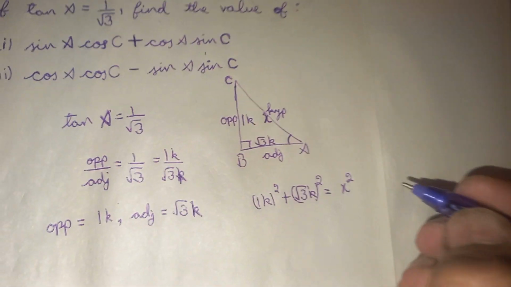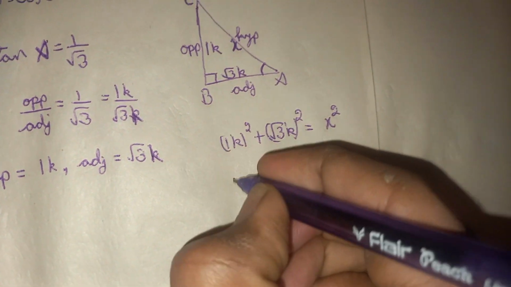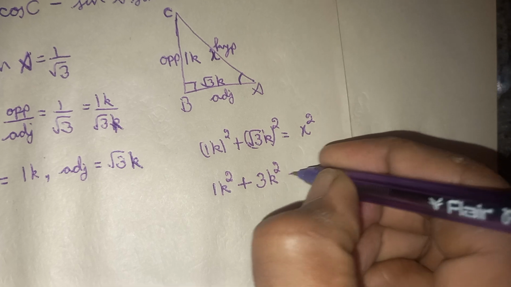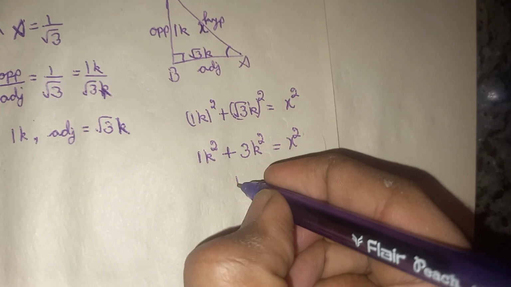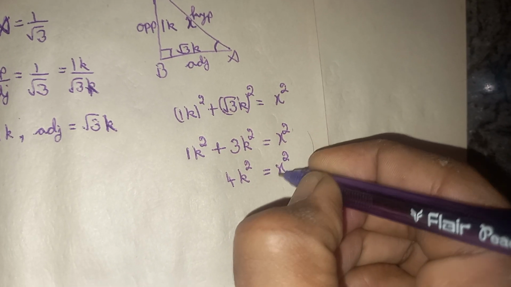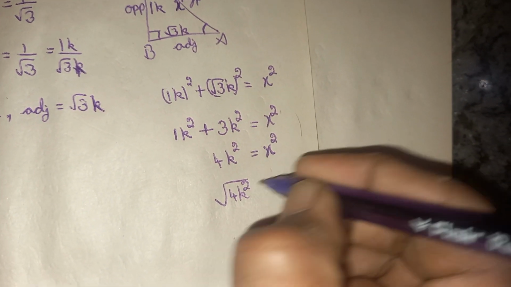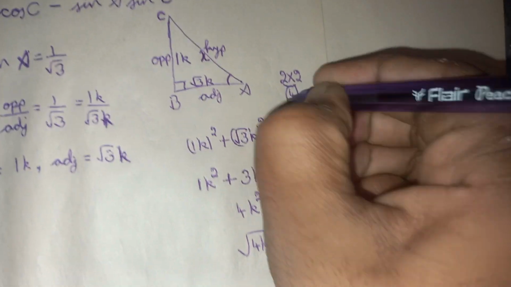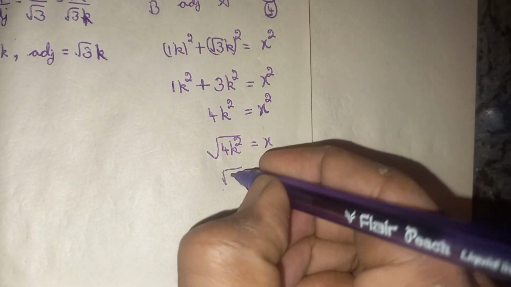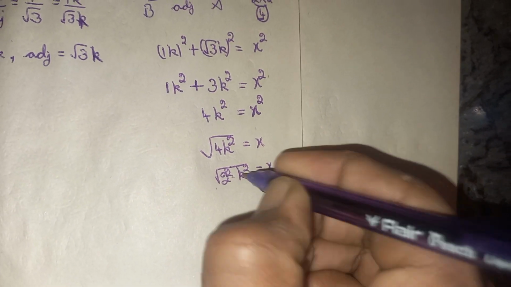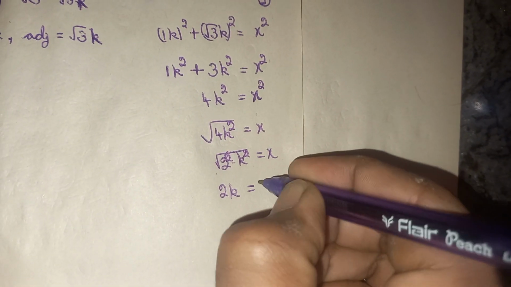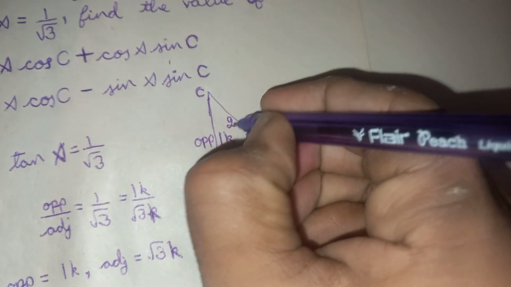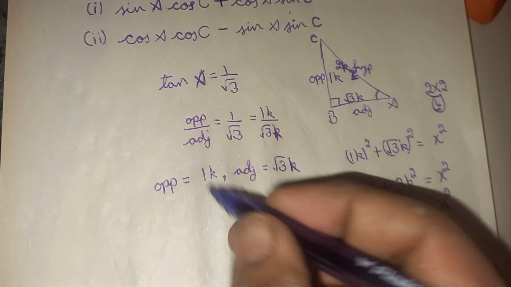That is k squared plus 3k squared, which becomes 4k squared equal to x squared. So x equals root of 4k squared, and 4 is 2 squared, so the root and square cancel out. So x is 2k, the hypotenuse.